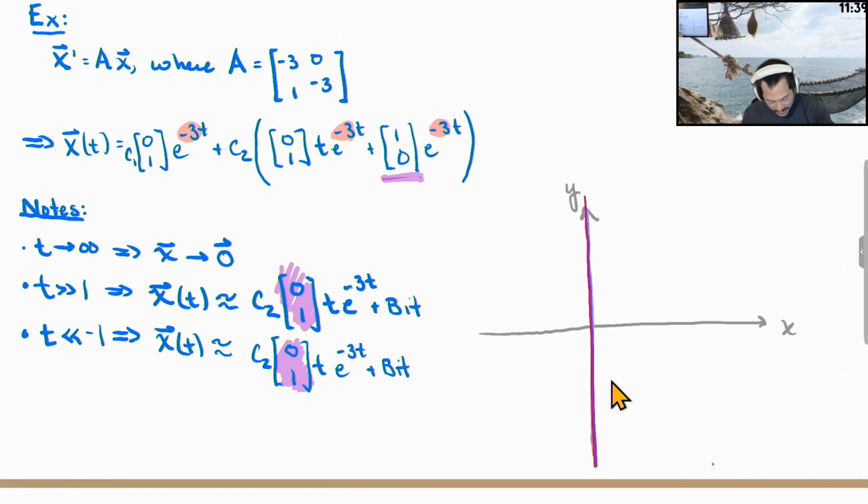Now, how should the arrows point on this one and only one eigenline? Yep. Term 2 controls everything deep in the future, deep in the past. Where is everything going in the future? The arrows are red, and so they point into the origin.